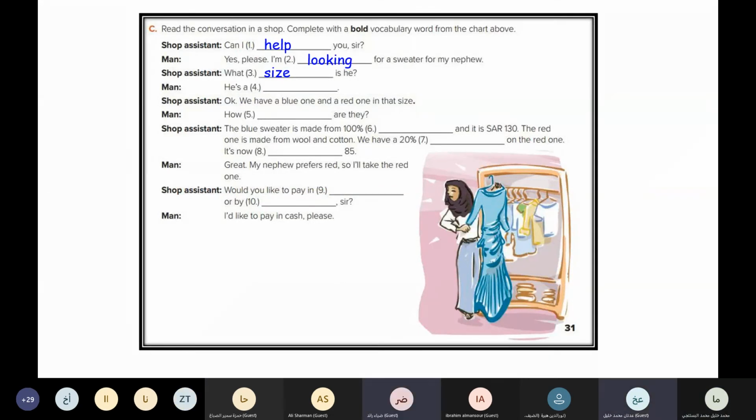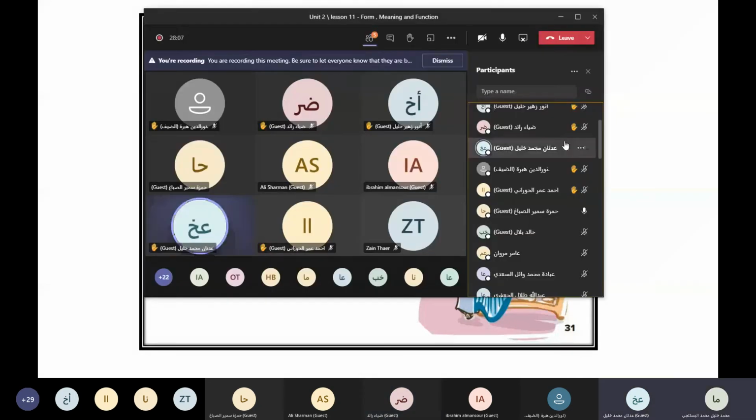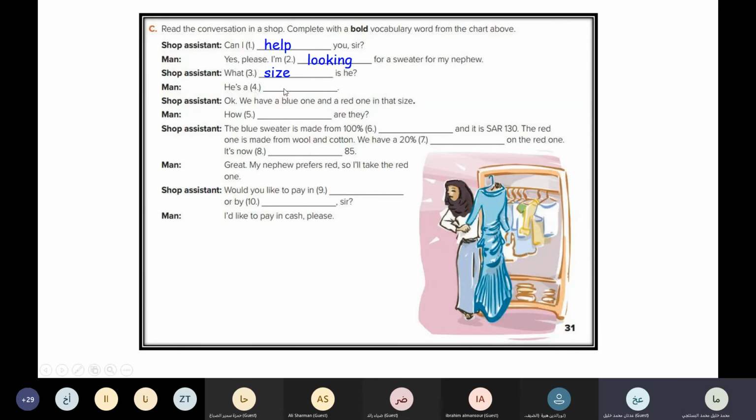He's a medium, for example, or large. Ahmed Horani: he's a small, a medium, a large. Yes. Small. Okay, we have a blue one and a red one in that size.